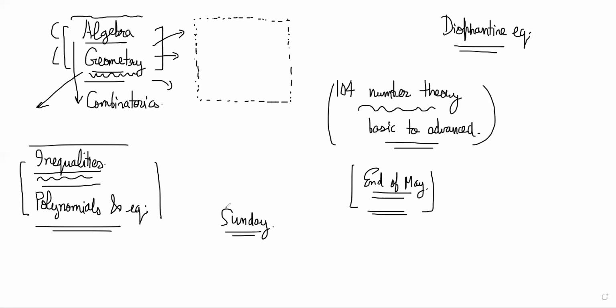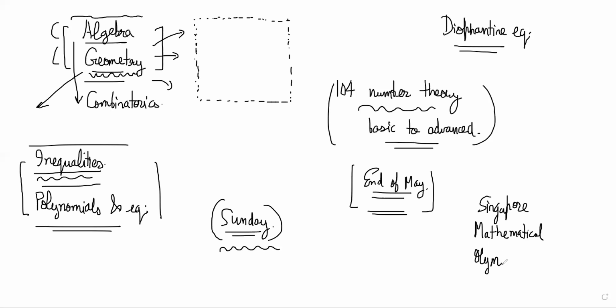If you have any past year papers, you can share them with me also. I will also see how it is. I think they are all available online. The name of it is what? Singapore Mathematical Olympiad round one. Just search.